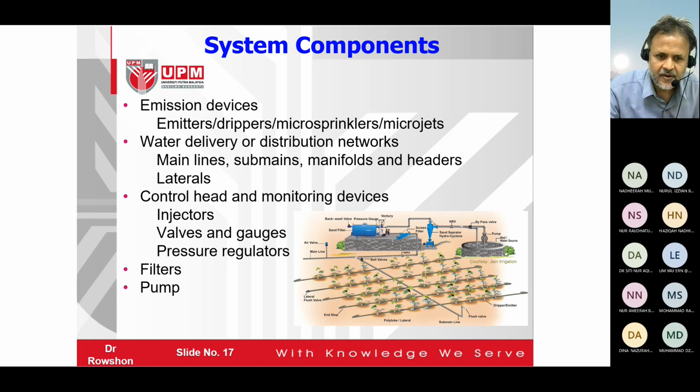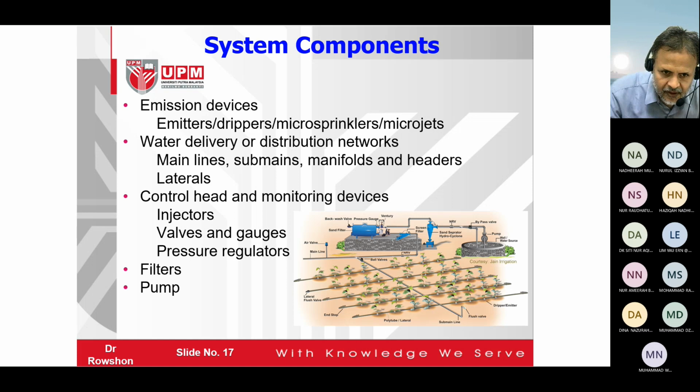Another layout is, you have a manifold, then let's say you have a lateral like this, and another lateral like this, and you connect them with this one. This is a lateral, this is a lateral, and these four connect like this. So if water enters, these four laterals will get the water.